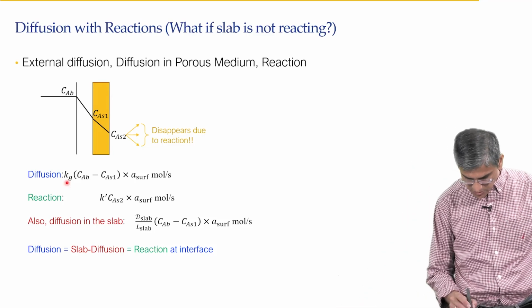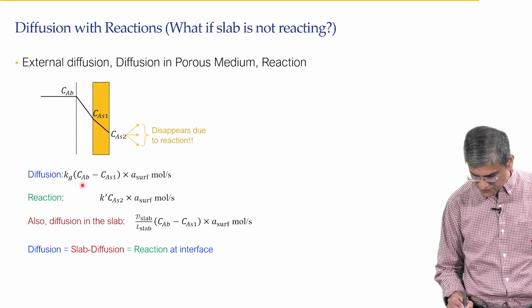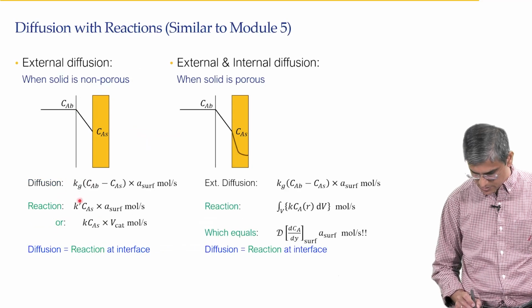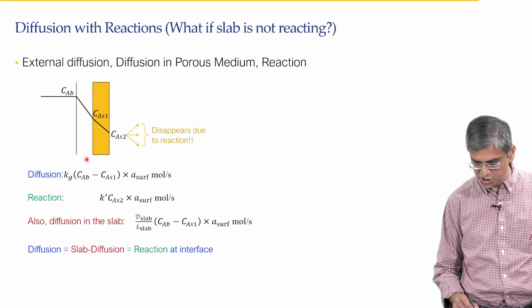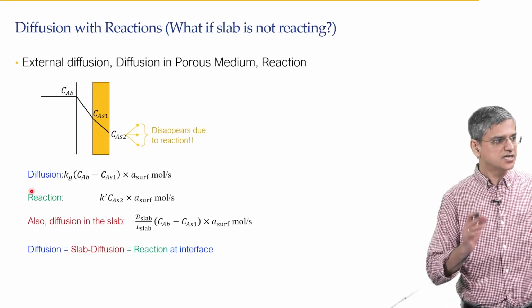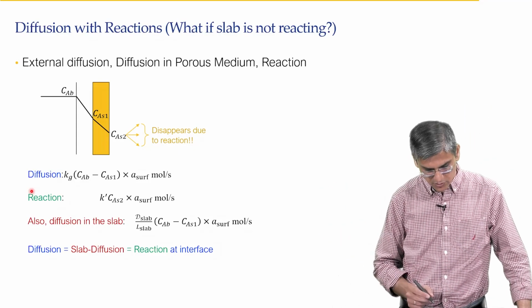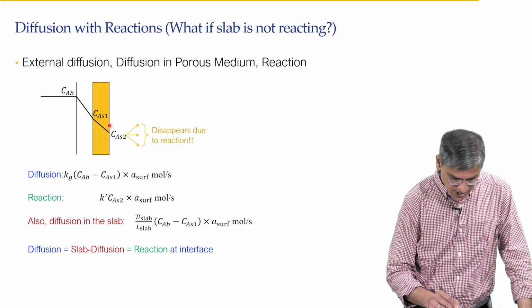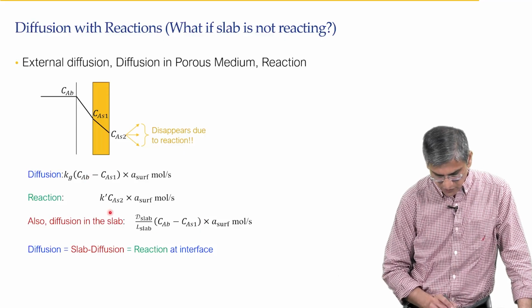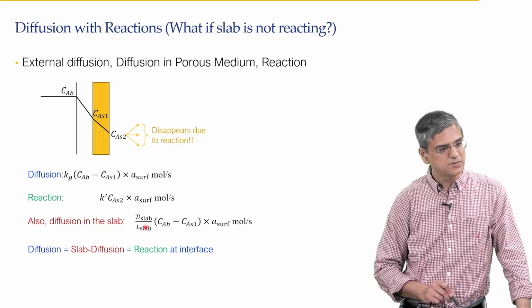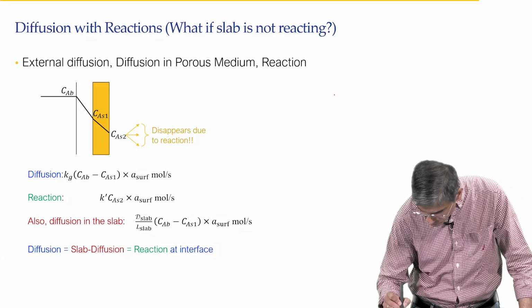Yes, the diffusion through the gas phase remains the same. The diffusion through the gas phase does not change, right? Nothing has changed in the gas phase. The only thing that has happened is a change in the solid phase. Okay. Now, what's the rate of reaction on this boundary? The rate of reaction on this boundary is K multiplied by CA. Okay.